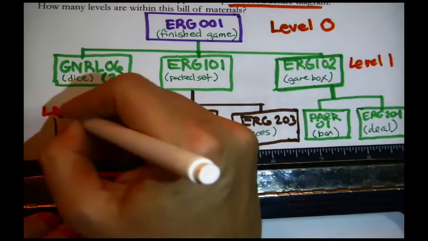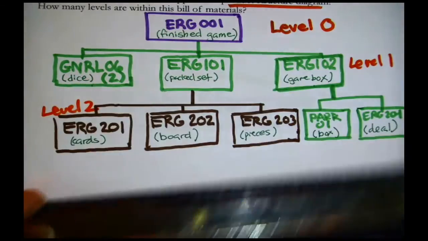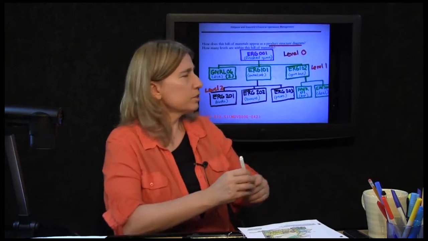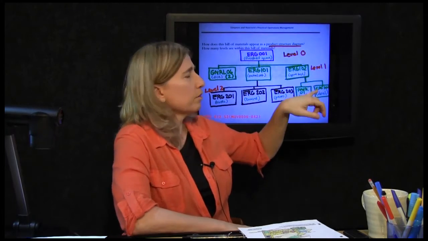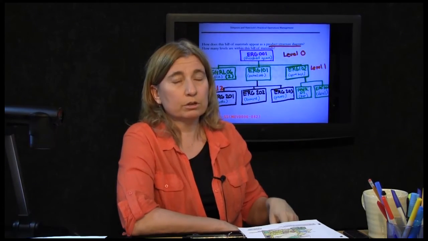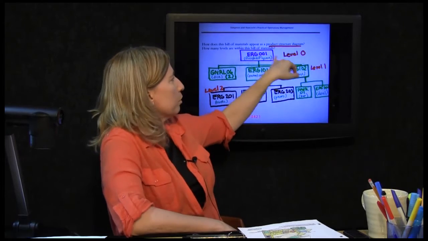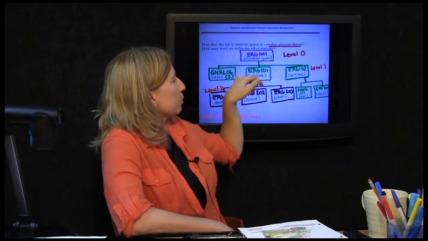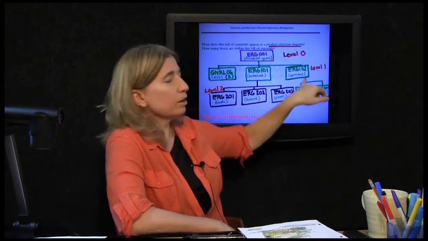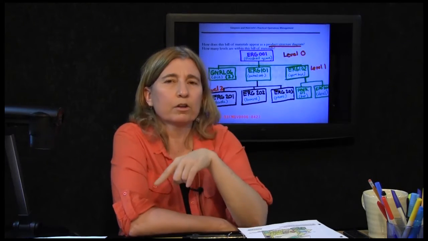This is all level 2. Oh, and I think I see some logic to this coding system for the stock keeping units, SKU. Do you notice that? There was only one item on level 0, ERG 001. Notice it begins with a 0 for level 0. And then there were these 2 items specific to the environmental response game that were on level 1.